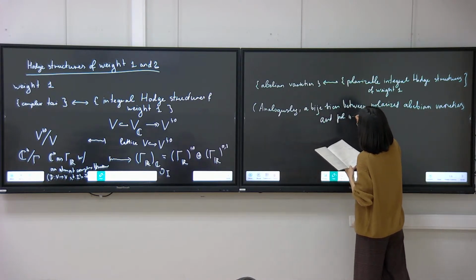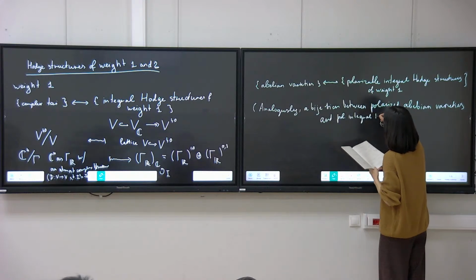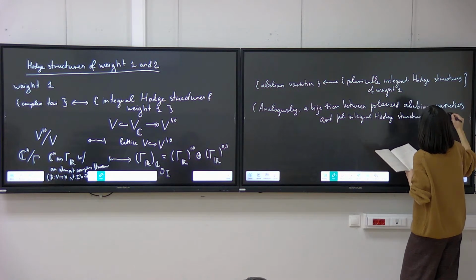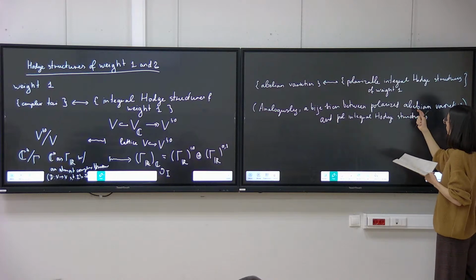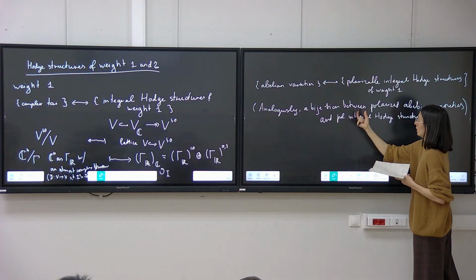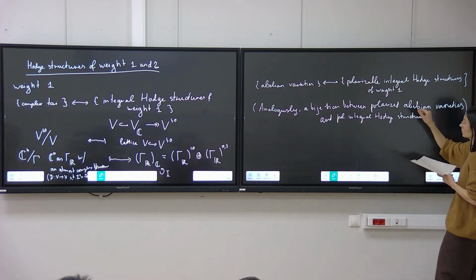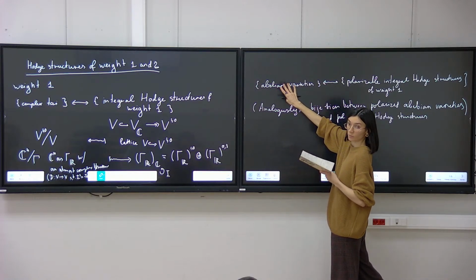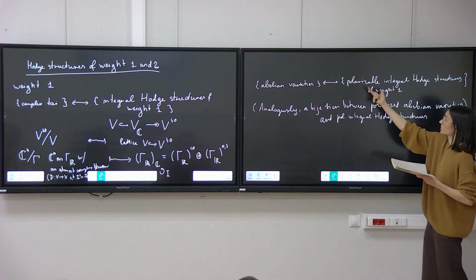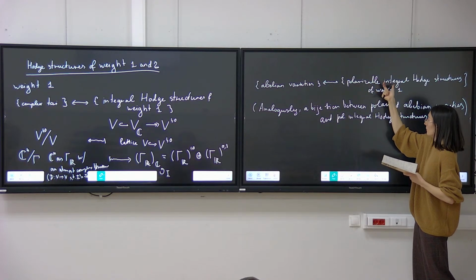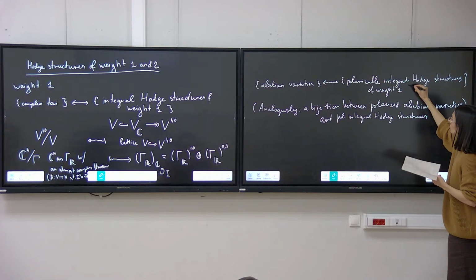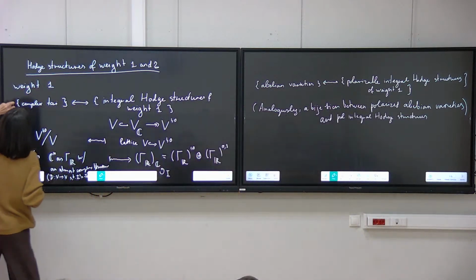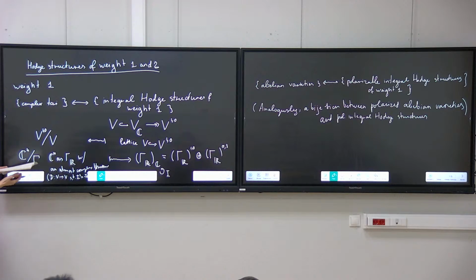This means that if we choose a polarization on an abelian variety, then we will obtain a polarization on the corresponding integral Hodge structure. And if we consider just an abelian variety without fixed polarization, then there exists a polarization on the corresponding Hodge structure. So this is a geometric picture for weight 1 Hodge structures.